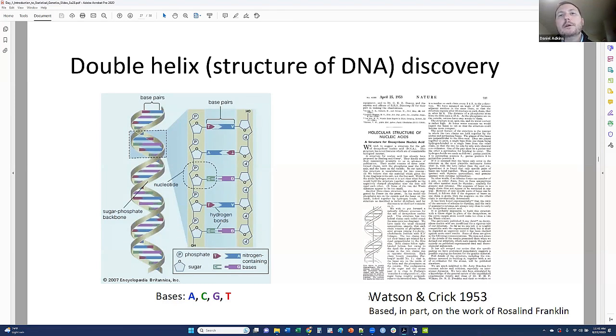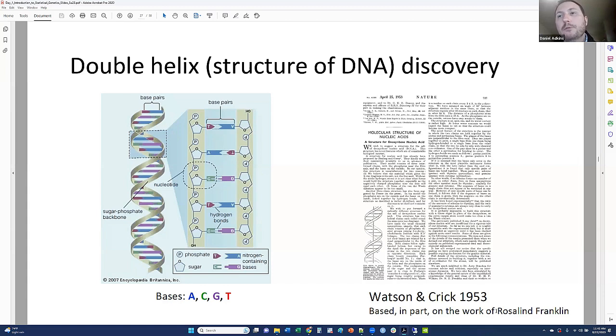But in historical retrospect, we know that other folks made meaningful contributions to the discovery of the double helix physical structure of DNA, including Rosalind Franklin, who made several contributions to the discovery of the structure of the DNA. Most notably, she took a famous photo called photo 51, which essentially showed the structure.